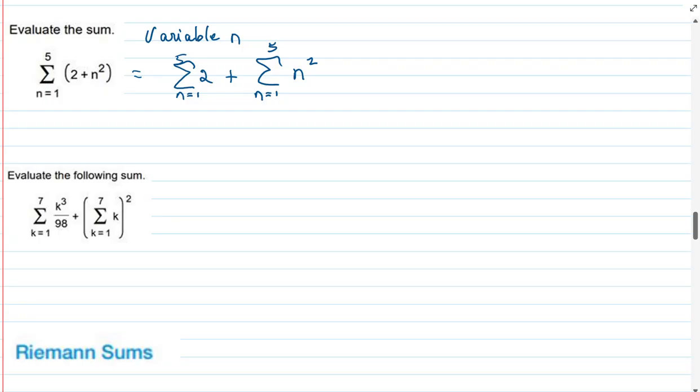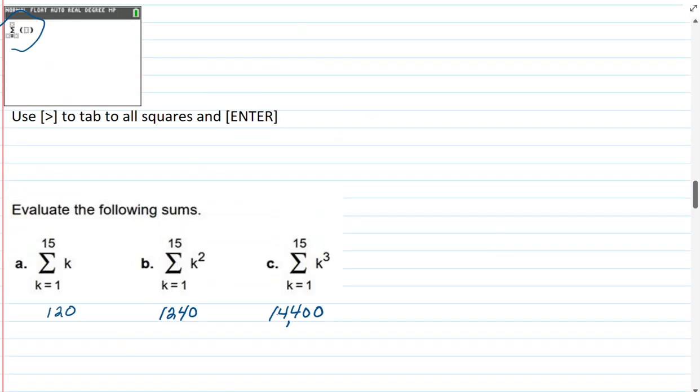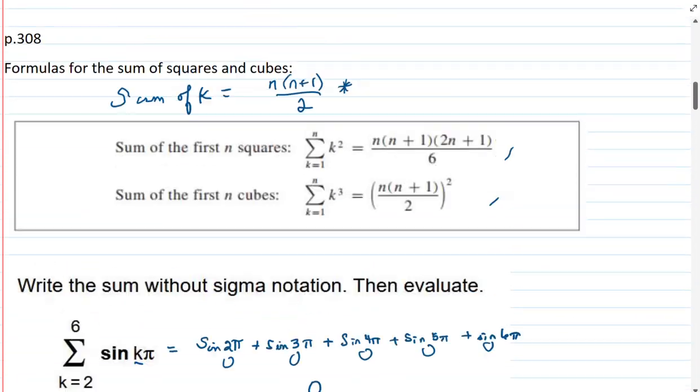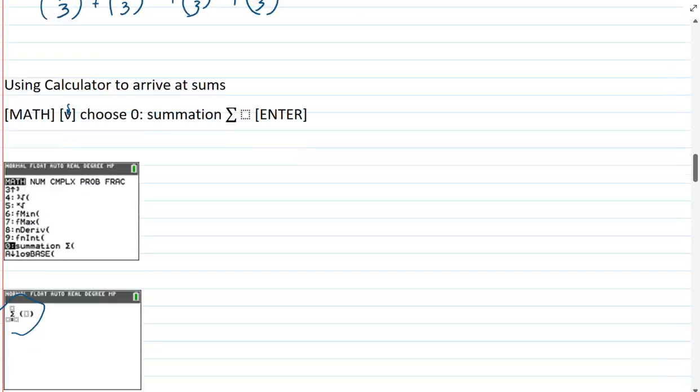We could do it in this fashion, and because we have n, we're using our rules in this case. So in this case, we have what? 2 times the 5. Have n squared, which is n times n plus 1 times 2n plus 1, right? I think divided by 6. Let me look. I can't mess you up. Yep, good.